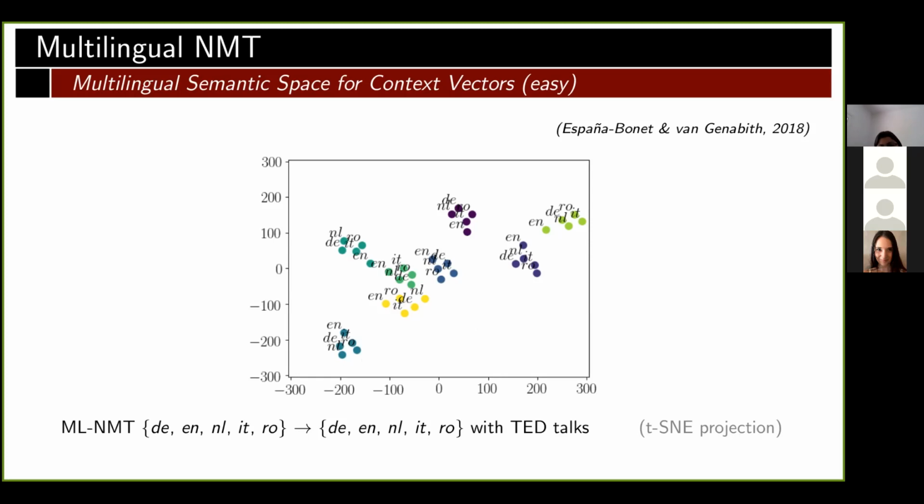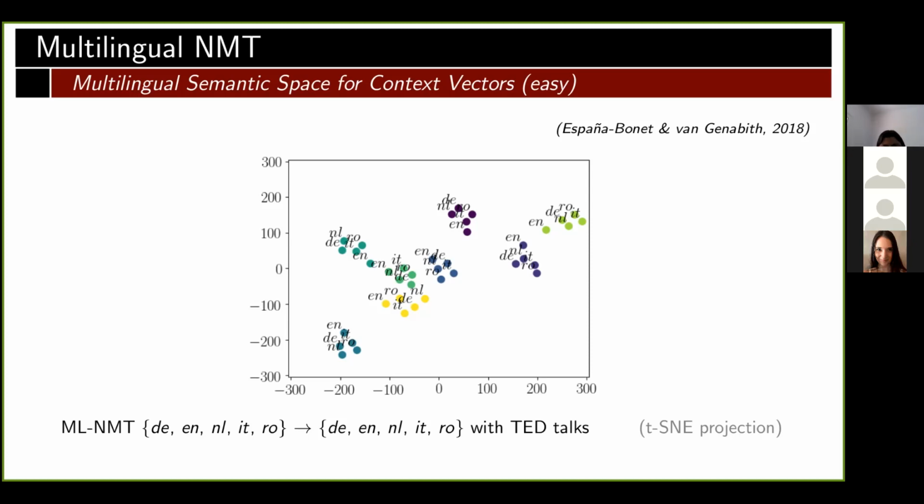So the system after training has learned to identify semantics. So for instance, on the top right, we have this green color here that belongs to a sentence, and the same sentence we have it in Romanian, Italian, Dutch, German, and English. So clearly, sentences are not separated by language, but they are separated by semantics.